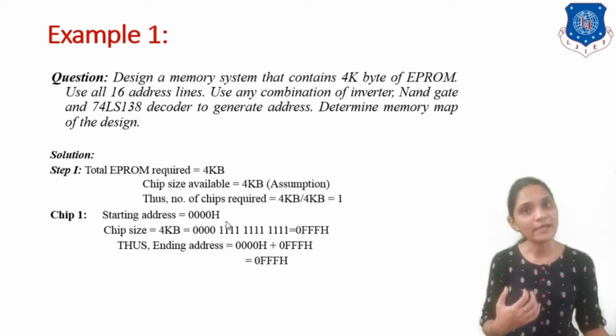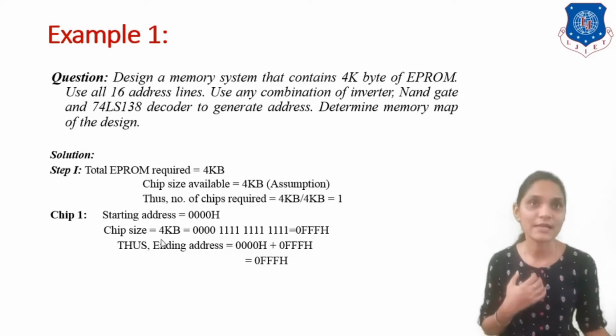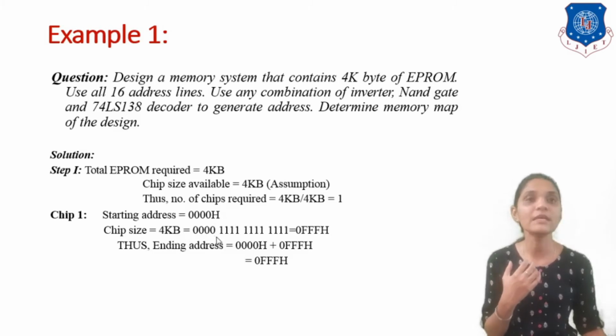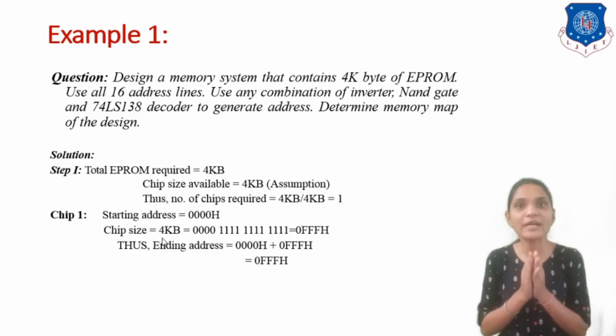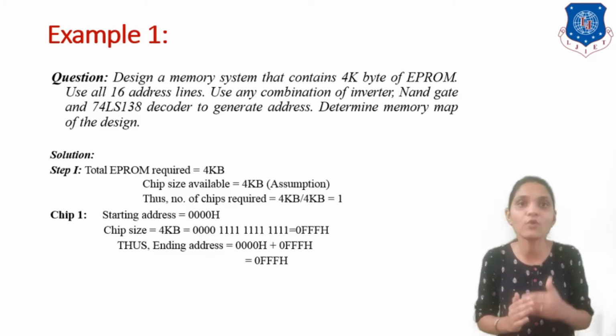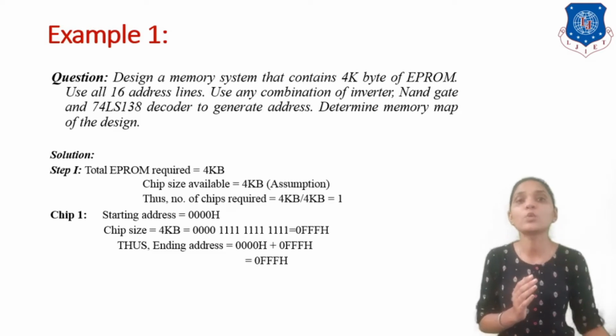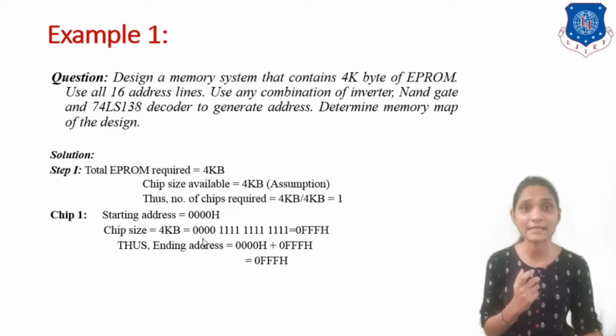Okay, so for finding the ending address we have to consider the size of the memory, that is 4 kilobyte. So for this the last address will have 12 lines to be 1 and 4 lines to be 0. Okay, 4 kilobyte means we require 12 lines, and at the last location of the memory map your 12 lines will be 1, so the ending address is like 0FFF.